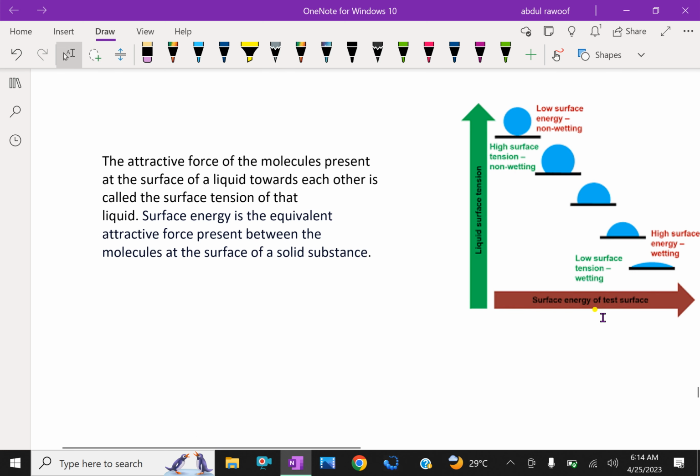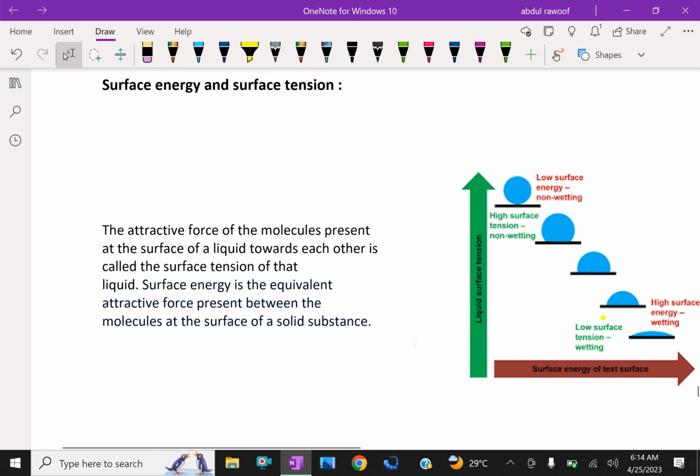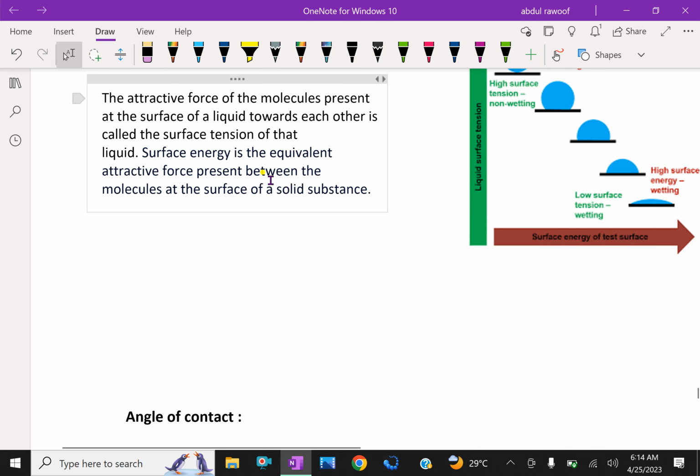Now, let us discuss further about surface energy and surface tension. The attractive force of the molecules present at the surface of a liquid towards each other is called the surface tension of that liquid. But surface energy is the equivalent attractive force present between the molecules at the surface of solid substances.